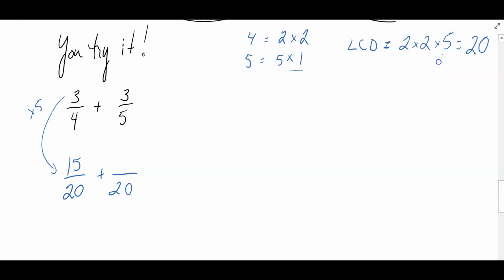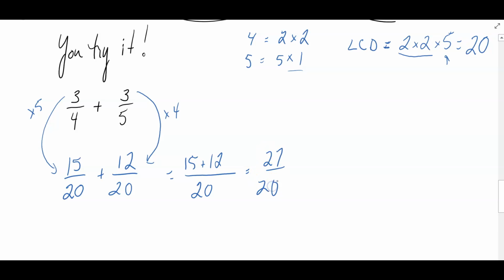Now 5 is right here. We should multiply it by 2 times 2. So 5 should be multiplied by 4, so 3 needs to be multiplied by 4. And now we can add 15 plus 12, put it over 20, and we get 27 20ths.